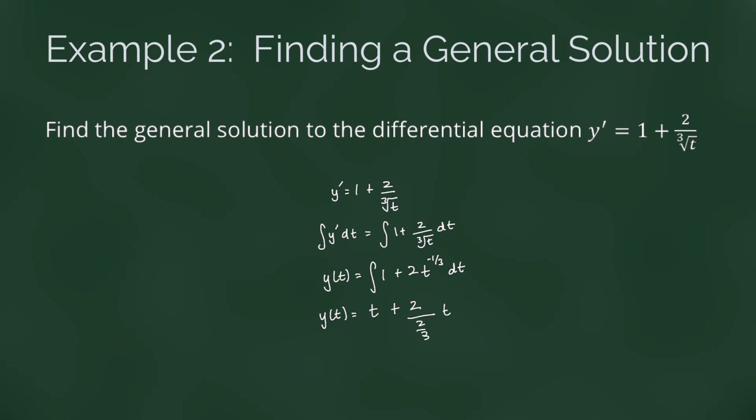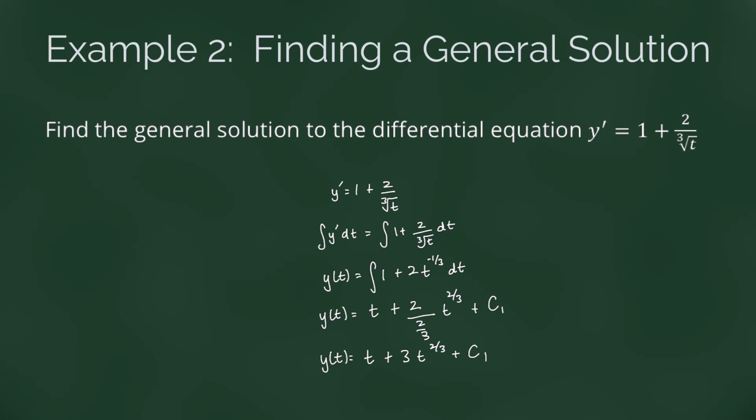So we'll have 2 divided by 2/3, t to the 2/3. And then we're going to add on our constant. And we'll tidy that up. Y of t is equal to t plus 3t to the 2/3 plus our constant c1, because this is a first order differential equation.